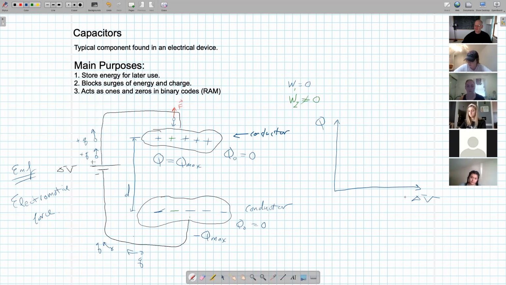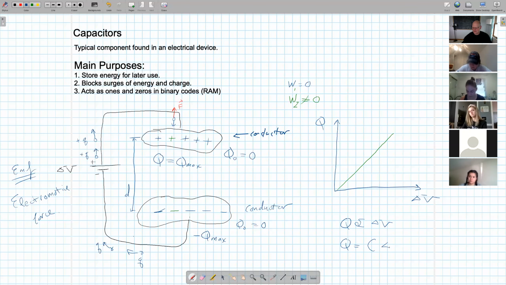If I increase the size of the battery, I increase the amount of charge, and it happens in a linear fashion. So if I plotted the potential versus the charge, or the charge versus the potential, we find that there's a linear relationship between these two quantities. So the charge is directly proportional to the potential that I'm supplying across the plates.